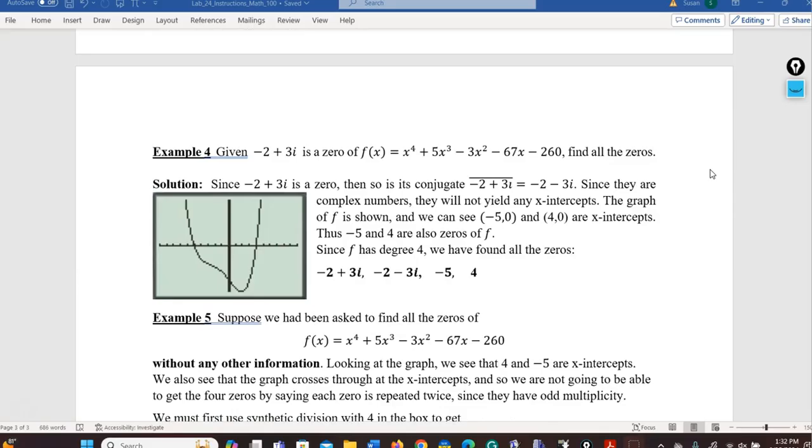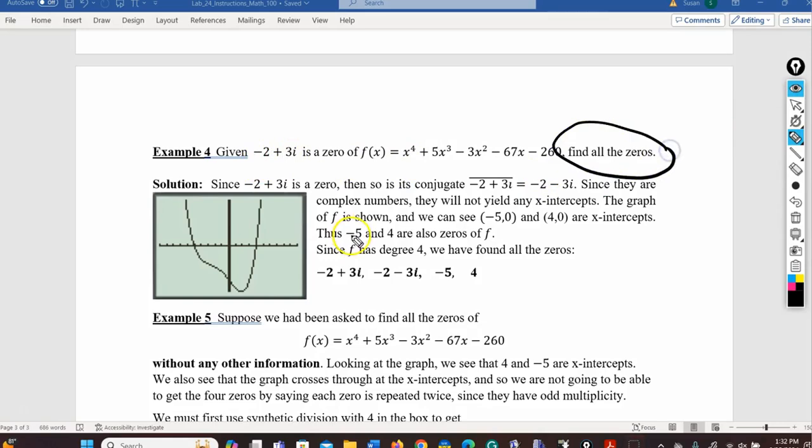All right, now, what if you're given some partial information? Suppose you're told that negative 2 plus 3i is a 0 of this, and then you're told to find all the zeros. Okay, well, I've been given 1 0. So I'm going to write that in my list, unless it tells me not to.